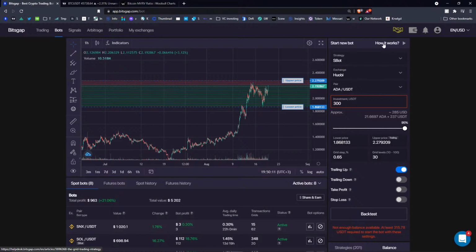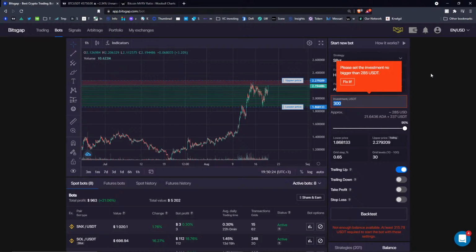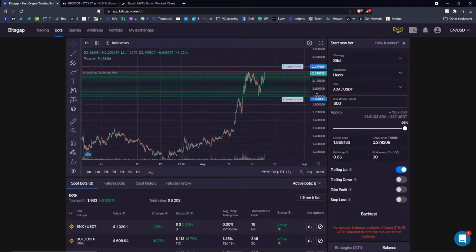So if you want to trade Cardano to USDT, then you should stick with Huobi in this case, because their requirements are less strict than on Binance. So you can play with more grid levels if you want to achieve this high frequency trading rate. So that's the trick.